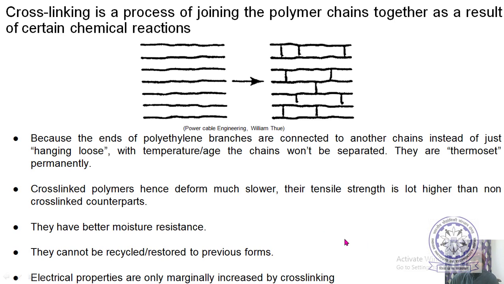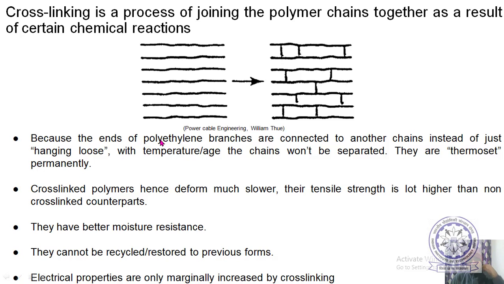Then cross-linking. What is cross-linking? So, this is actually a process. Cross-linking is a process of joining the polymer chains together as a result of certain chemical reactions. So, this is how actually polymer chains are there. If there are cross bonds like this, if they are established within the material, then that material is known as cross-linked.